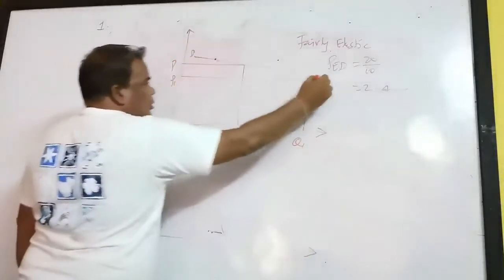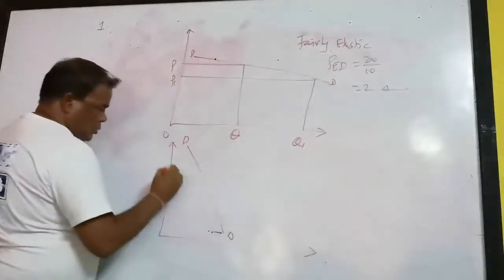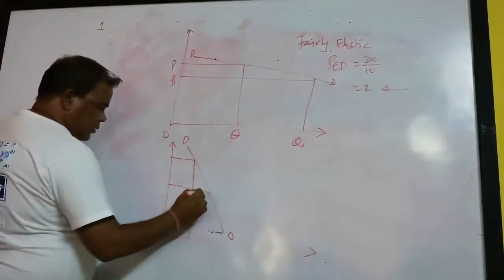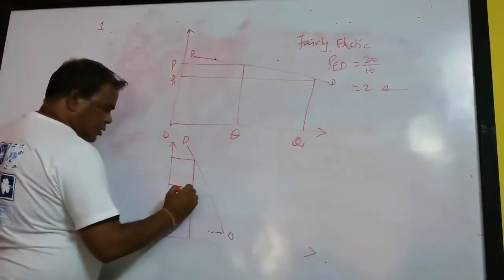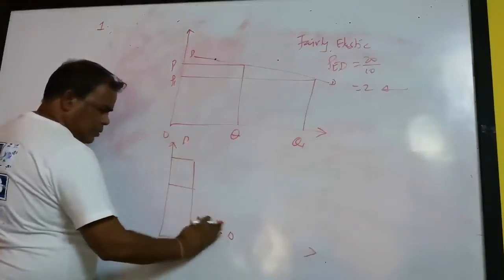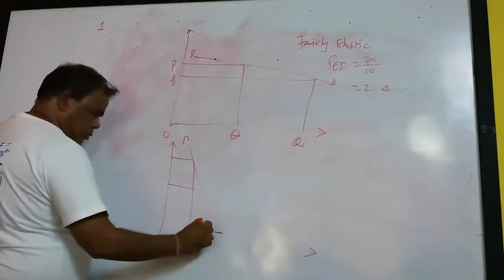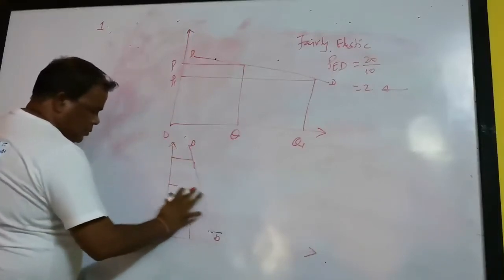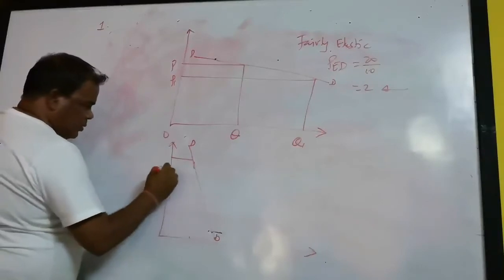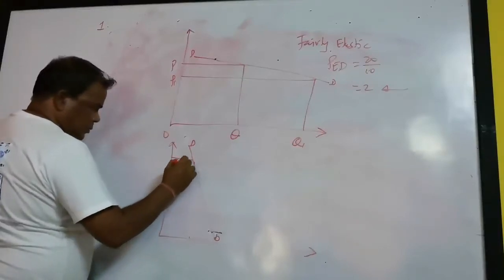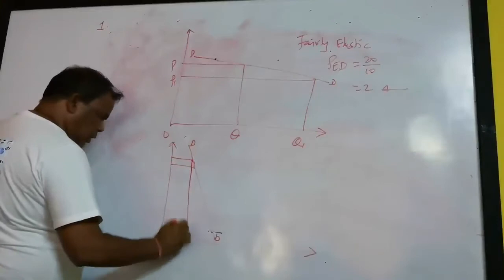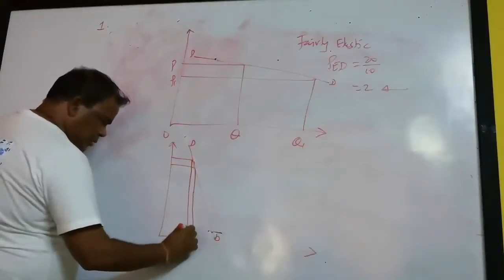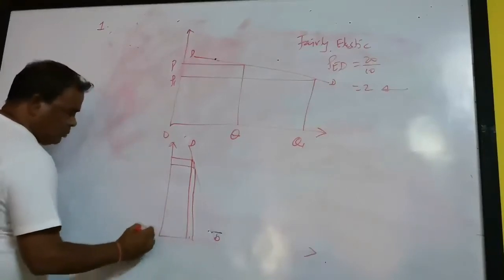Now, we have this one. Here we see price changes. Let's see this one. Price changes by a small amount, so the quantity demanded will change by a small amount.